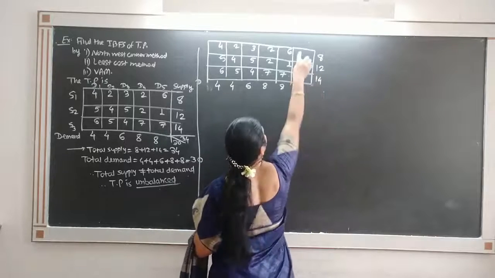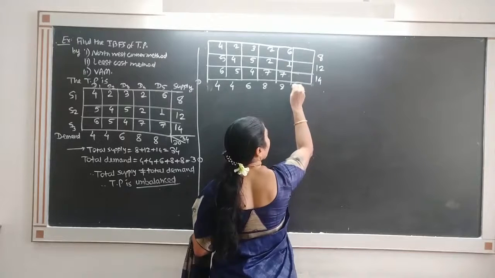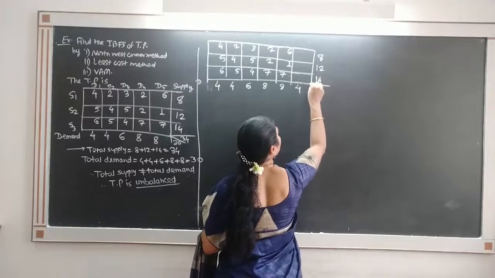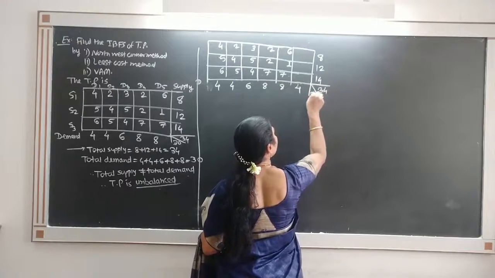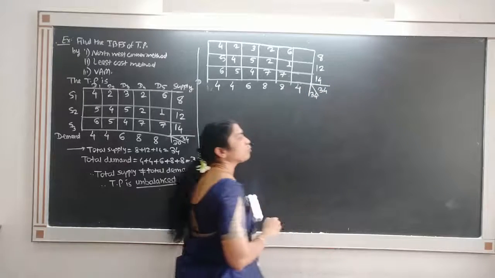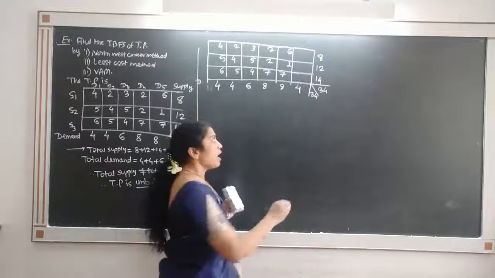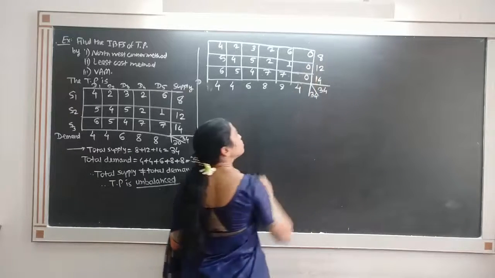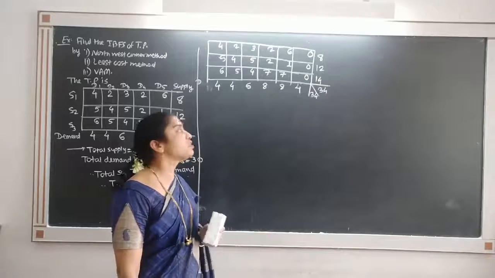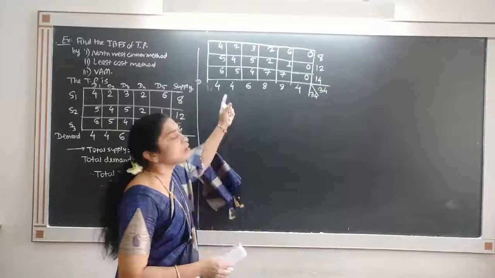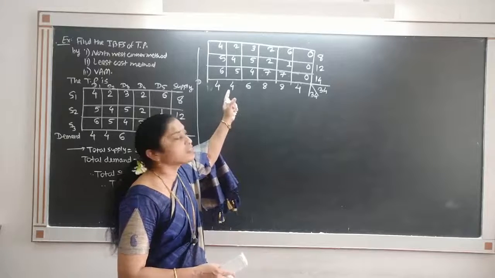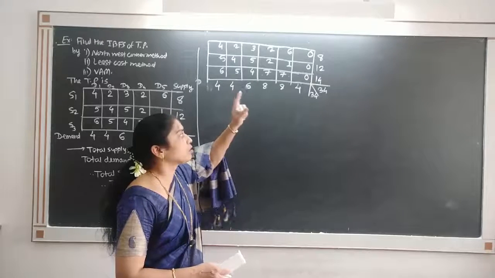Observe that we are adding this dummy column having demand 4, so that the total of supply and demand becomes equal, 34, and the problem gets balanced. You have to take the transportation cost of that dummy column to be 0. So now this is the balanced transportation problem, and we can start with our method.